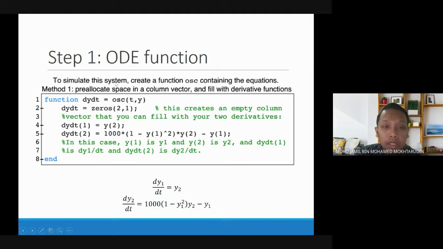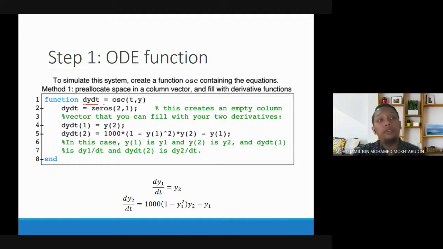Okay, so to simulate this system, first you need to create the ODE function. Here in this example, the function is named OSC, and it contains all the equations. First you define the equation dy1/dt equals y2. In the ODE function, dy/dt is the output.